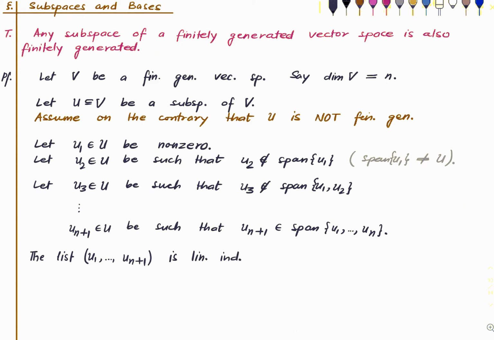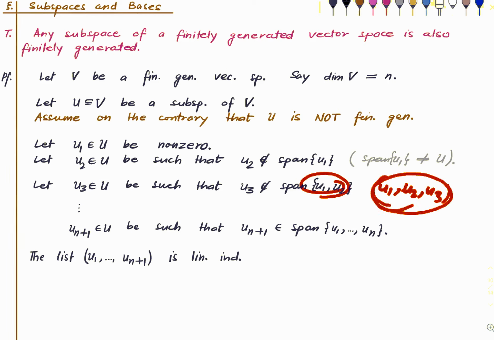So how do we see that? Well, first of all, the singleton list is linearly independent simply because u1 is non-zero. Now, since u2 is not in the span of u1, this two-element list u1, u2 is linearly independent. And again, since u3 is not in span of u1 and u2, the three-element list is linearly independent.